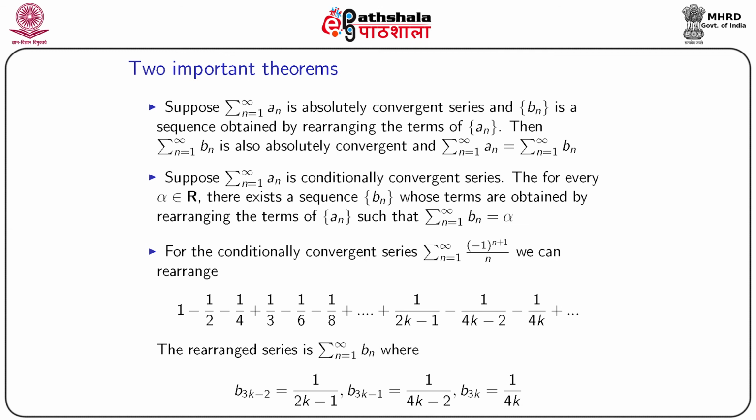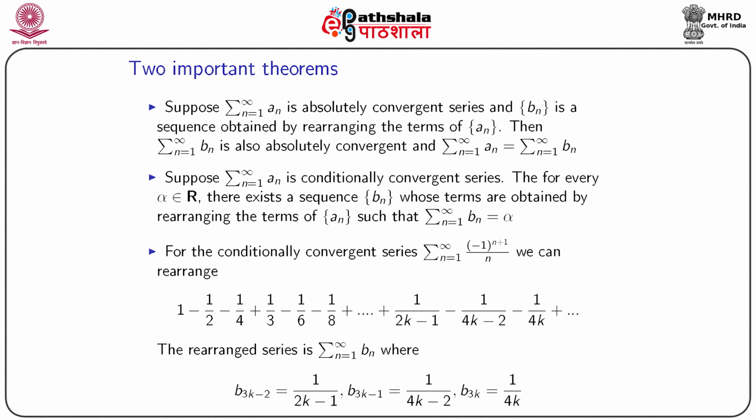Then sum over bn is also absolutely convergent, and sum over n from 1 to infinity of an will be the same as sum over n from 1 to infinity of bn. So if we have an absolutely convergent series, and after rearranging we get a new series, then the new series will also converge.